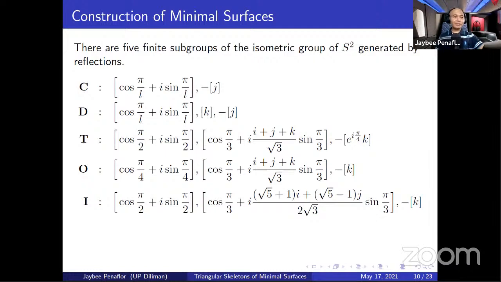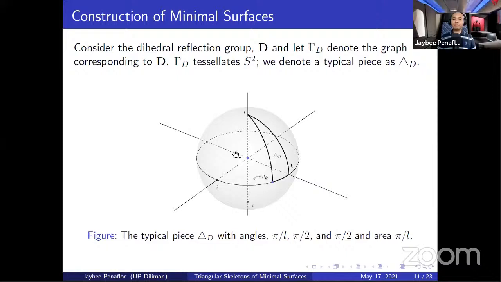And I mentioned D because we're particularly interested in the dihedral reflection group D. When we look at D, it actually tessellates the sphere. The lines that tessellate the sphere define a graph, and because of the graph, we're able to tessellate S2. And each typical piece of the two-sphere S2, we can call triangle D. The reason I'm choosing D is because this is the simplest to work with.